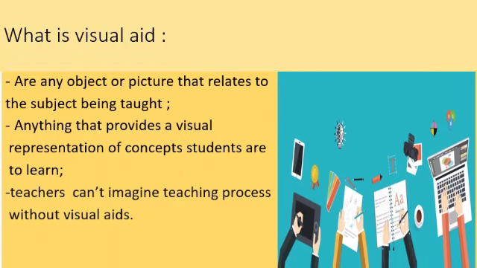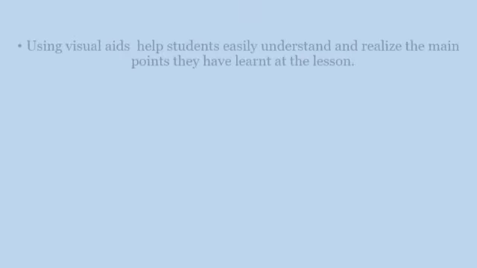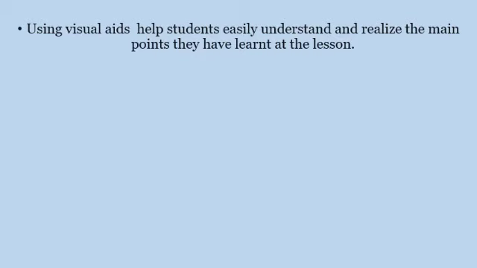What is a visual aid? An object or picture that relates to the subject being taught. Anything that provides a visual representation of concepts students are to learn. Teachers can't imagine the teaching process without visual aids. Using visual aids helps students easily understand and realize the main points they have learned in the lesson.